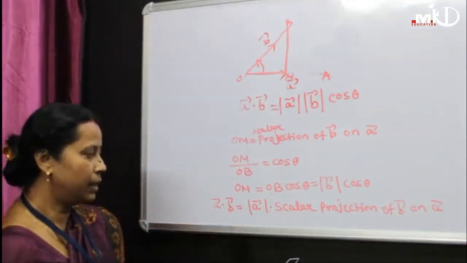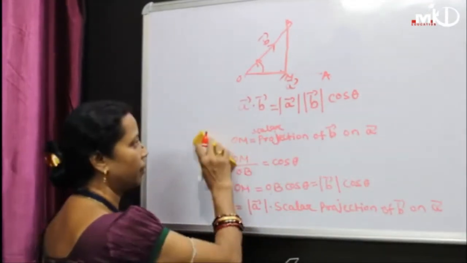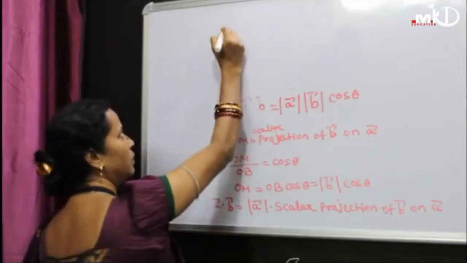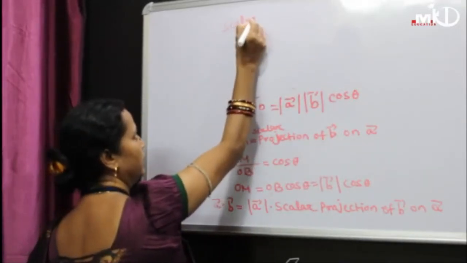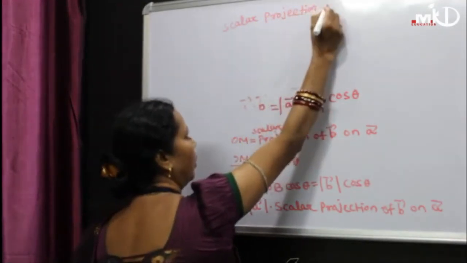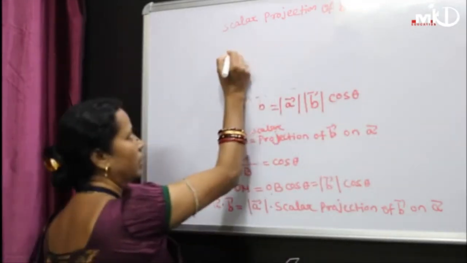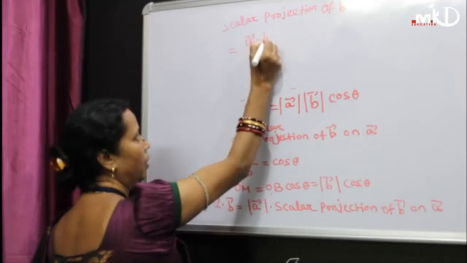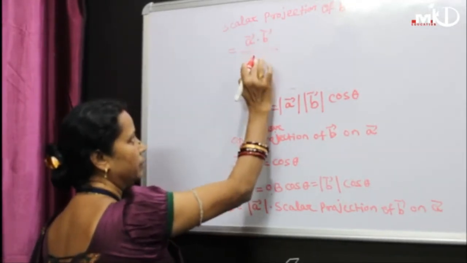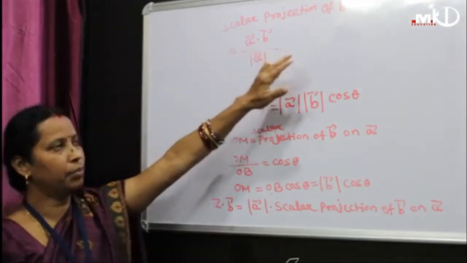So from this relation we find the scalar projection of B bar on A bar is equal to A bar dot B bar by modulus of A bar. So this is the scalar projection of B bar on A bar.